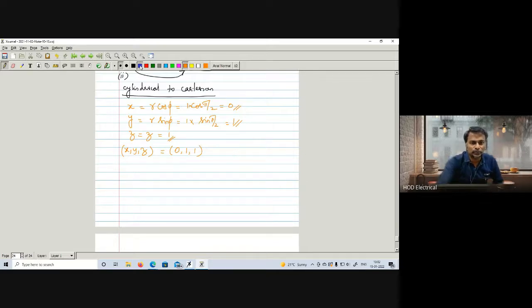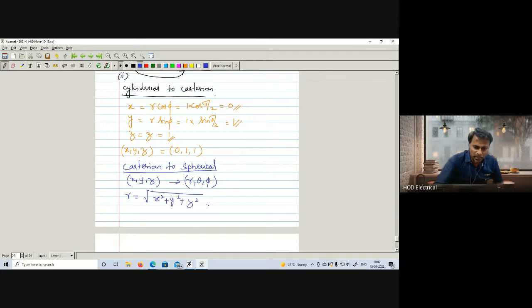Our next procedure is Cartesian to spherical coordinates. Here we should know what r is. That means we are going to convert x, y, z to r, theta, phi. Therefore, r is the square root of x square plus y square plus z square.